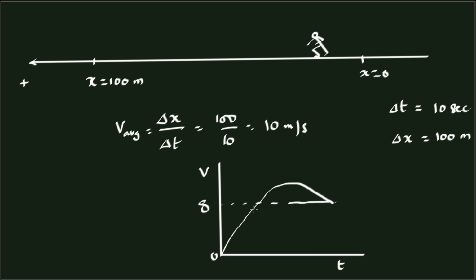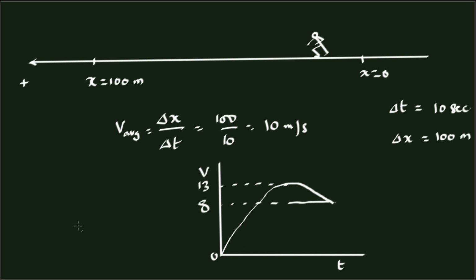Since part of the velocity is much less than 10, he starts with 0, but the average is 10, I would expect at some point in the race, he must have reached velocities more than 10 meters per second. Let's say maybe 13 meters per second.